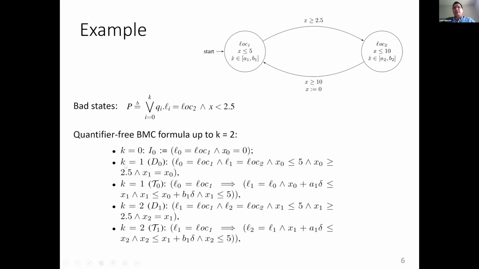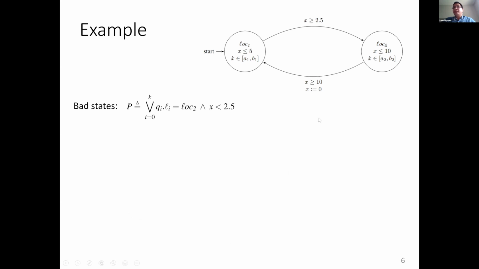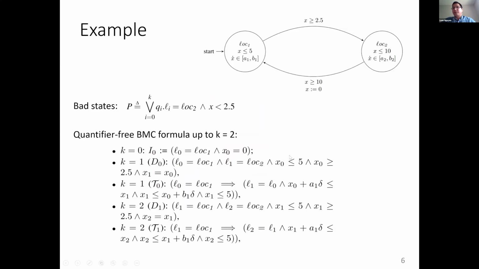And here, at step k equal to 1, we will have two types of transition. The first one is the discrete transition, where we can move from log 1 to log 2 if the value of s is in the specified range. And the trajectory T0 right here illustrates the continuous trajectory of the system.